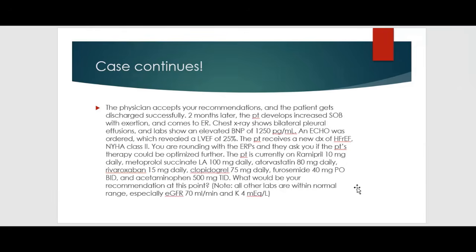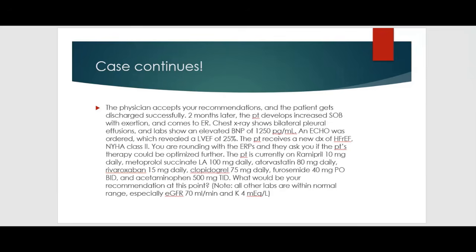You should start with a lower dose and titrate slowly. But yes, that's one of the medications we recommend in heart failure with reduced ejection fraction patients, especially post ACS. She had a heart attack recently with a reduced ejection fraction, so an MRA is very important in this case.